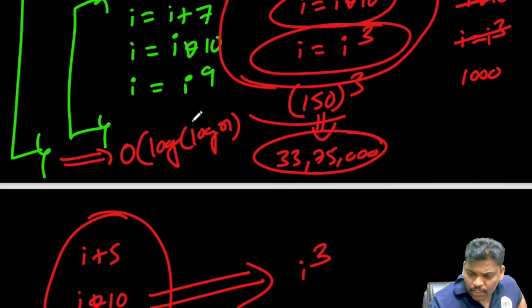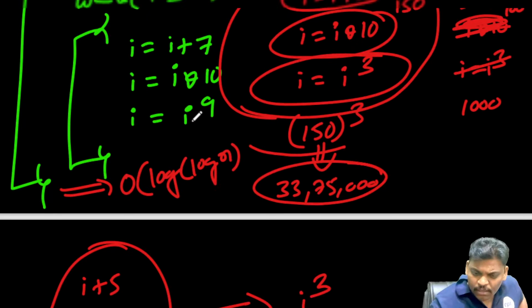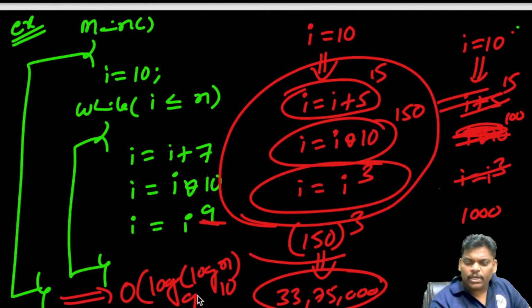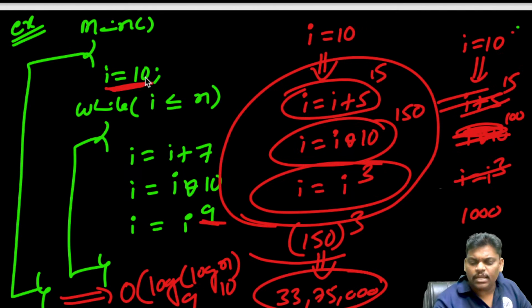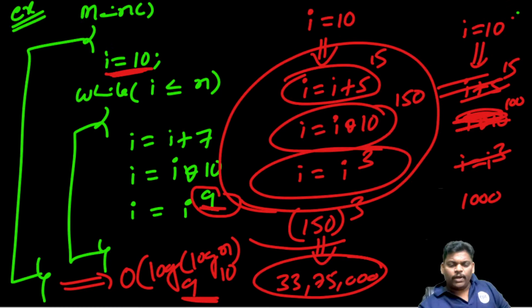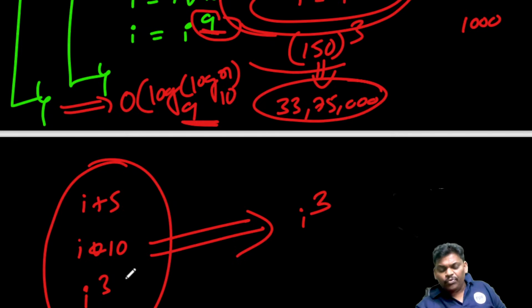What about the inner base and outer base? Inner base if you see is 10, outer base is 9, because the initial operation comes first and the power operation comes later. But for a bigger i value they are almost similar.